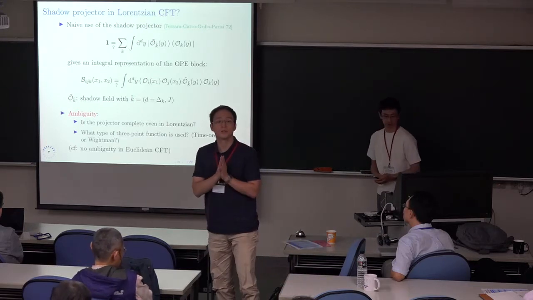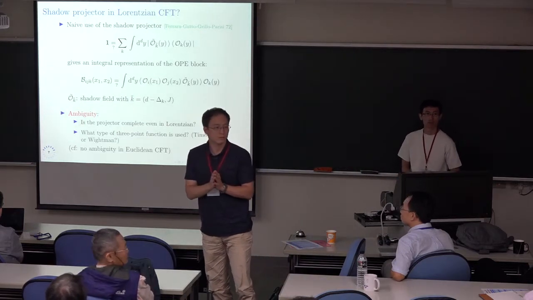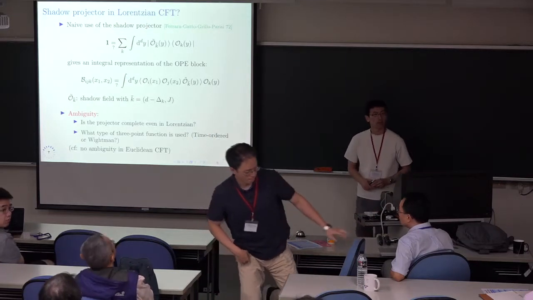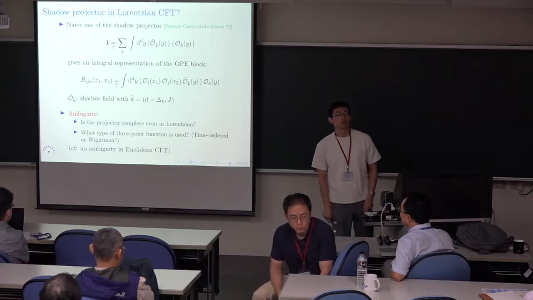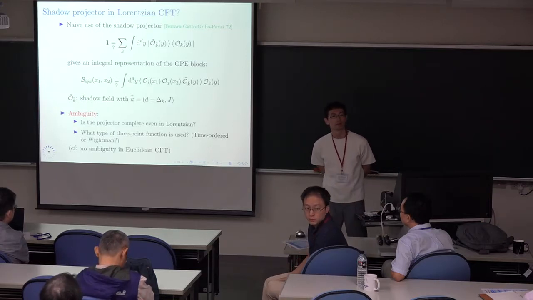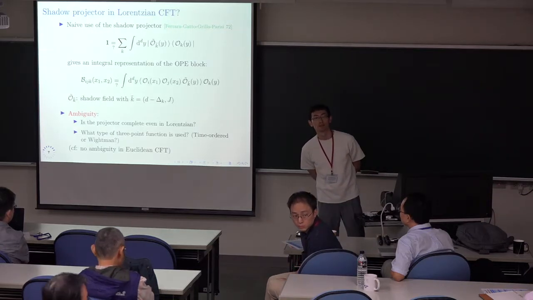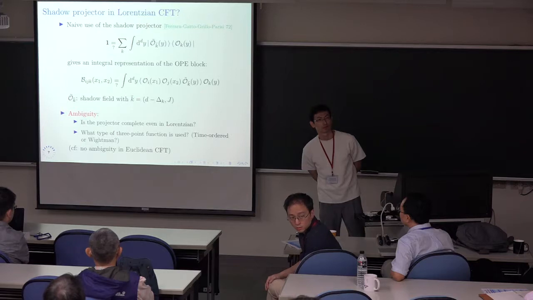Any more questions? Just a quick one. Since you're mentioning that you're going to use this to compute a 4-point correlator later on, in these 4-point correlators in Lorentzian signature you have light-cone singularities of the operators, and it has been argued that these are related to 2-point singularities.